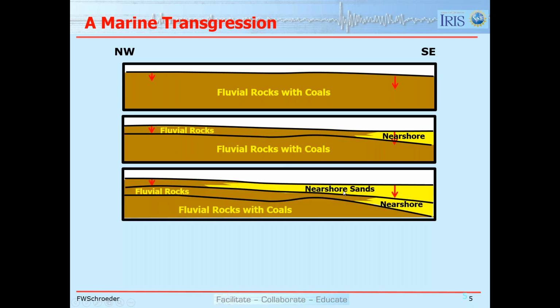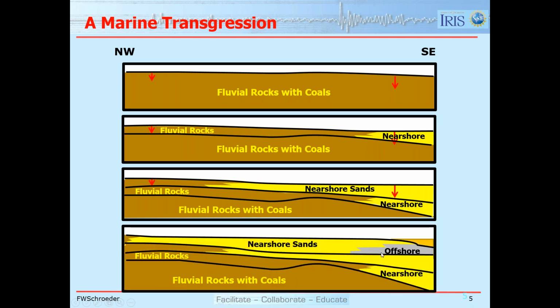And as time continues, the extent of those nearshore sands extends further and further towards the northwest. And eventually we start to get some offshore shales. And so these would not be reservoir, and these could be barriers or baffles to flow that we're trying to produce the oil and gas out of the Barracuda field.